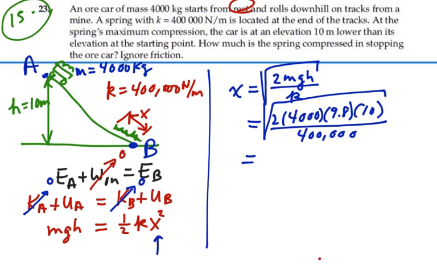If I figure that out, I get 1.4 meters. So the compression of the spring due to conservation of energy is 1.4 meters.